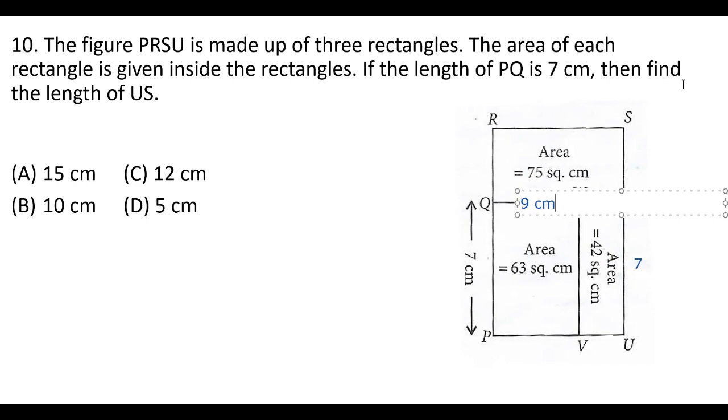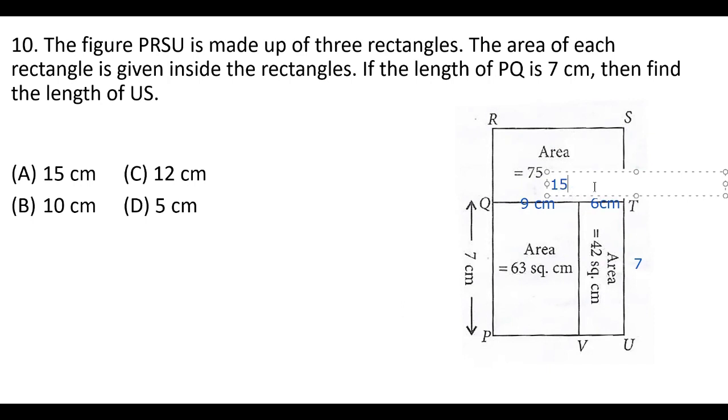And we also know that here it is 42 square centimeter, and this is 7. So 7 times 6 would be 42, which is going to be the breadth of this side. So now we know that QT would be the sum of 9 plus 6, which is 15.